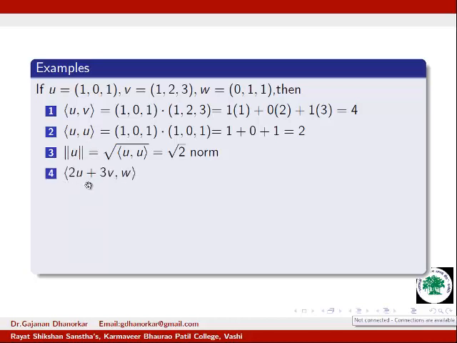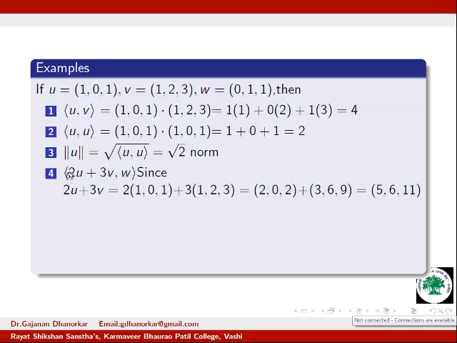Then we have to find the inner product of 2U plus 3V and W. All these coordinates are known, so first we will find 2U plus 3V. What is 2U plus 3V? It is 2 times the coordinates of U, plus 3 times the coordinates of V. Multiplying 2 gives 2, 0, 2, and multiplying 3 gives 3, 6, 9.